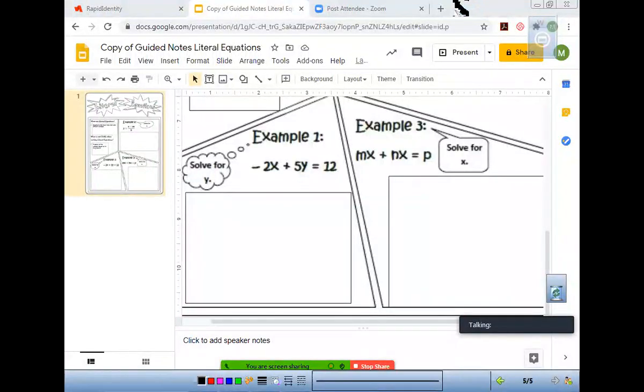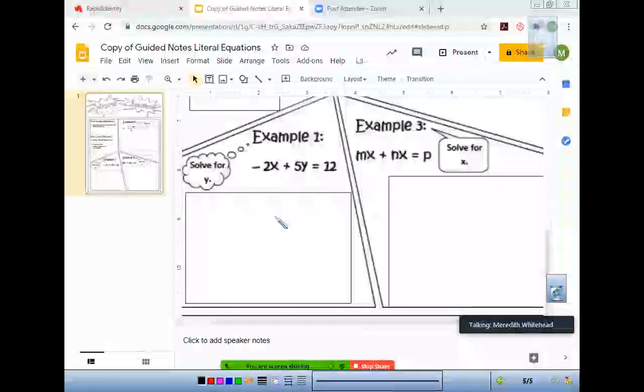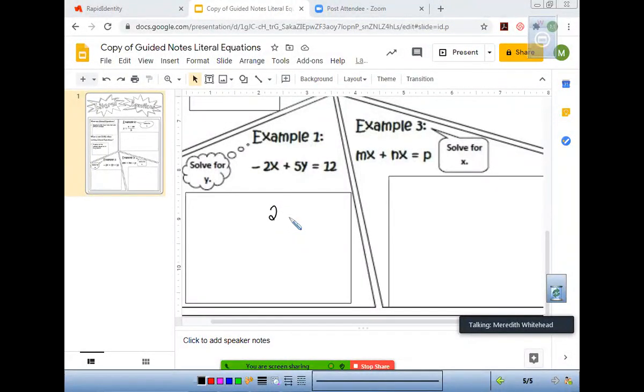This one's a bit of a tricky one. If I had 2 times x plus y, what would you tell me to do? Multiply it. So distribute the 2 to both of those, and you would get 2x plus 2y, right?